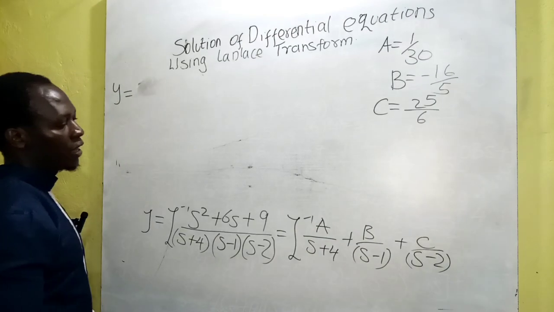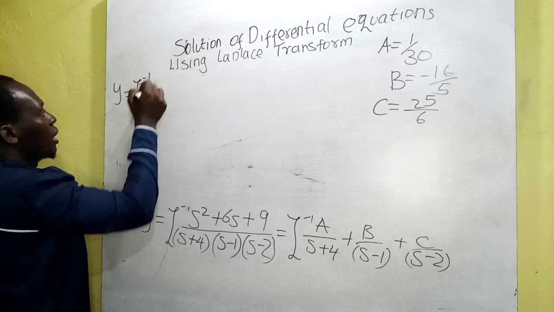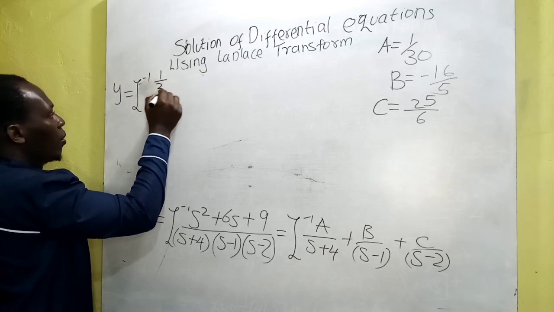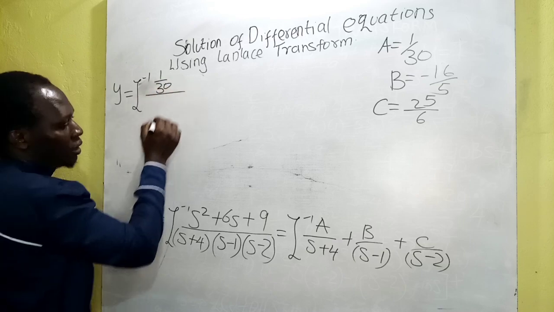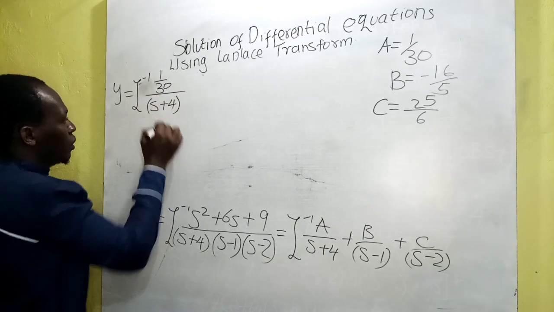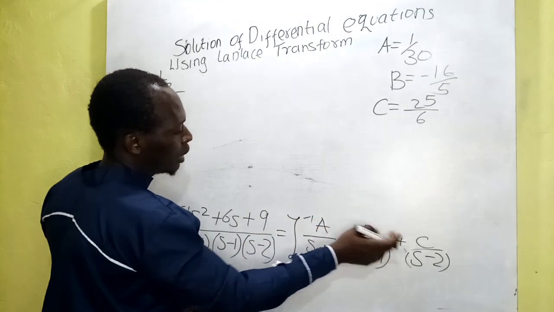The value of a is equal to 1 all over 30, everything all over s plus 4, to mean that I'm just replacing the values of a, b, and c.